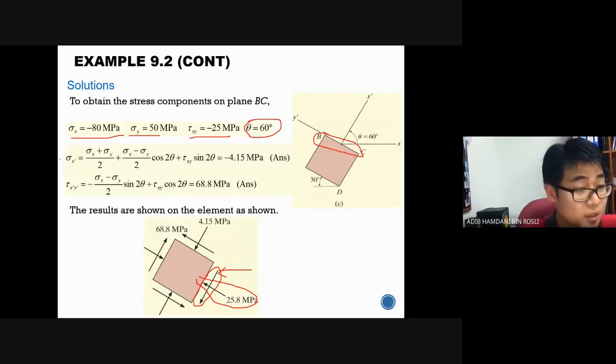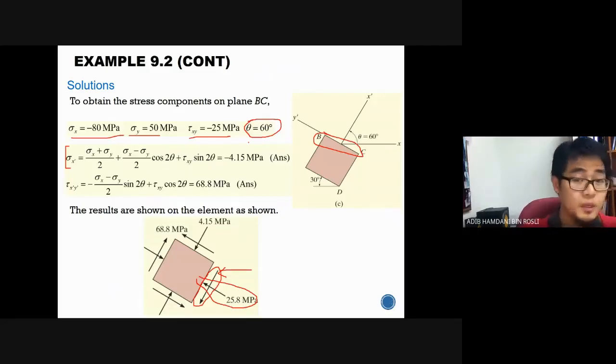That's why I said this one we call sigma x prime, but actually, if you are unsure, you can use the sigma y prime equation from before, but that's not the most correct way.